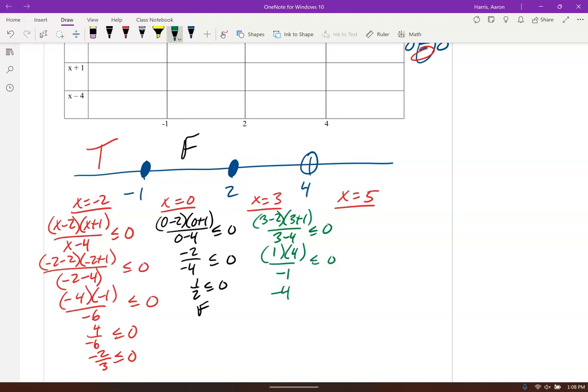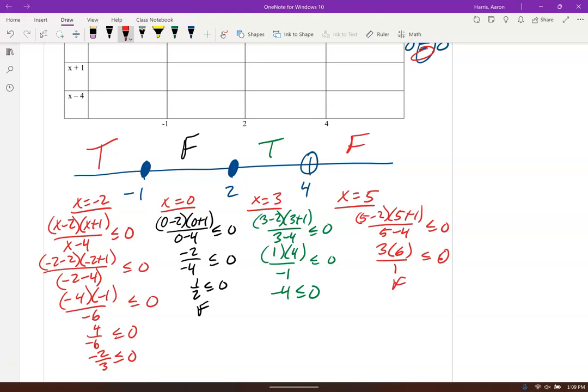Four over negative 1 is negative 4. Is negative 4 less than or equal to 0? That's true. Now let's finally try 5. Three times 6 over 1 is 18 less than or equal to 0. That's false.